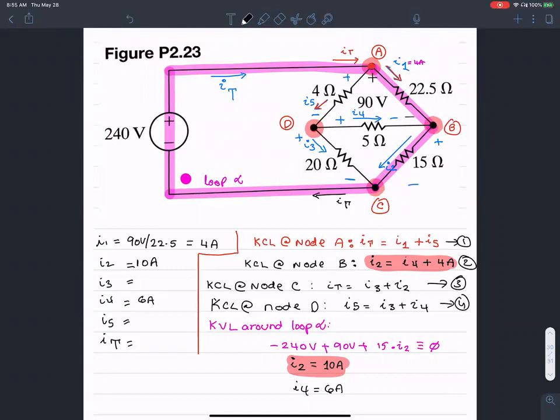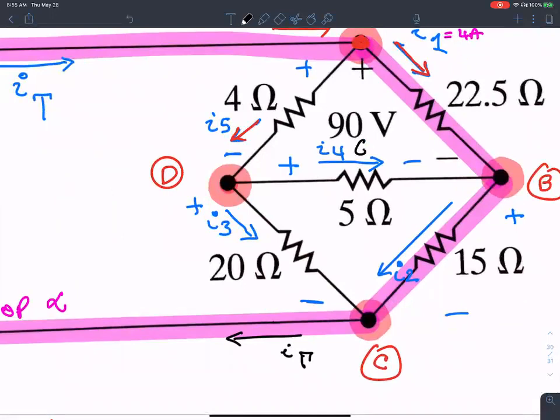Now what? So this one is 6 amperes. This is known, I4 is 6 amperes.